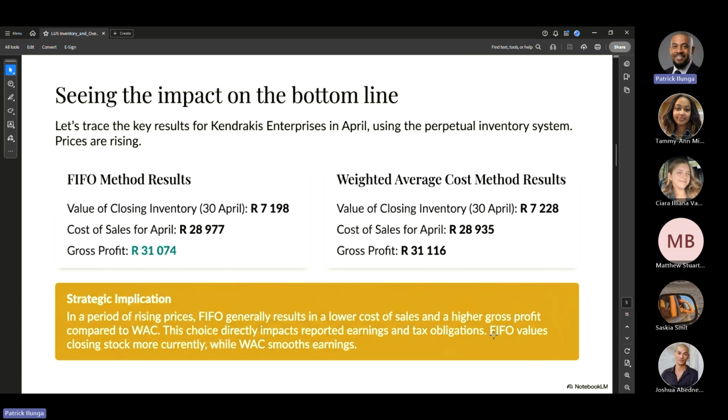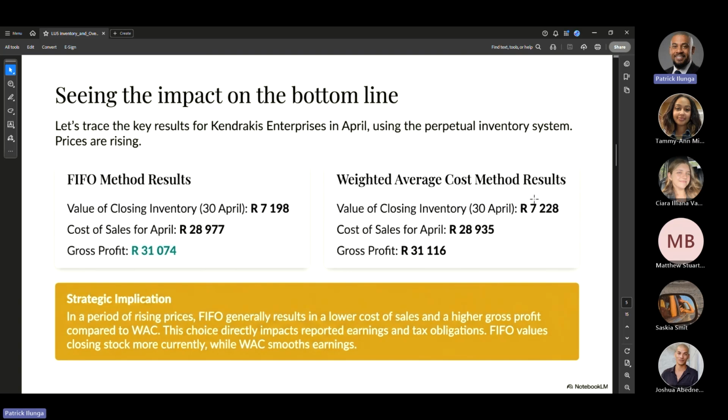What I want us to think about is, do you see the differences between the FIFO and weighted average cost methods? When you're looking at the value of the closing inventory here, you can see it's 7,198.